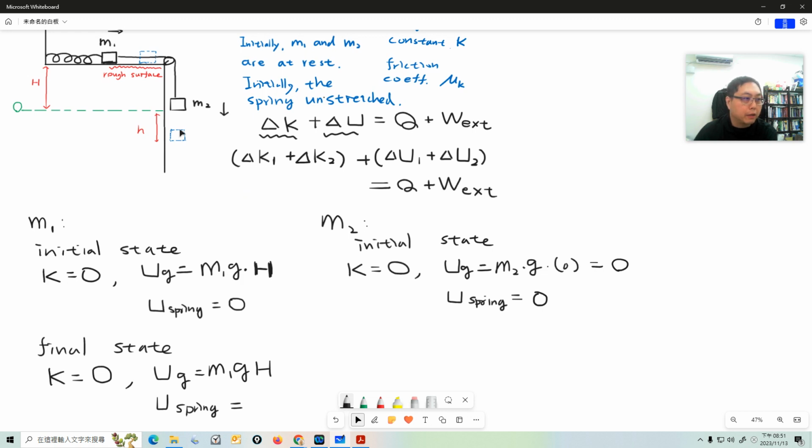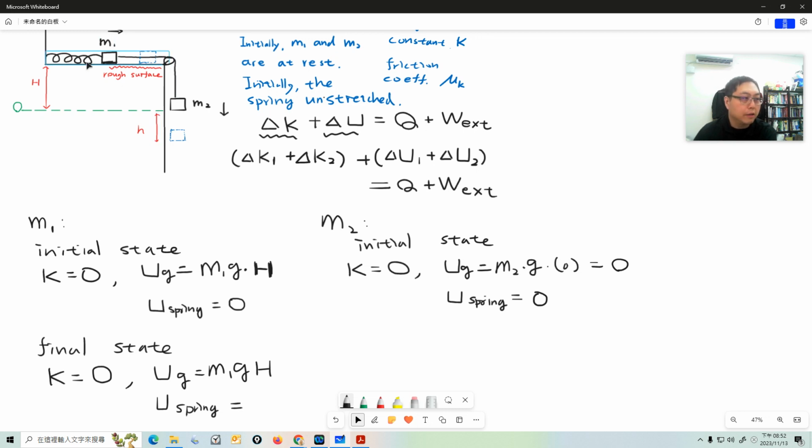Because the problem says M2 moves h downward, that means M1 also moves h to the right. That means the spring stretches h, because M1 moves to the right with a distance h.